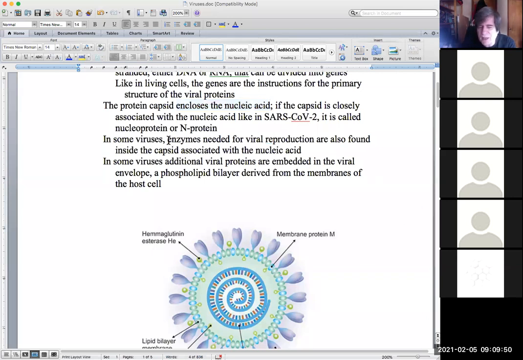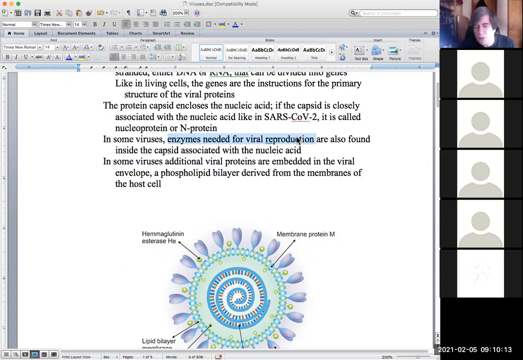Some viruses have some enzymes that they need to reproduce. If they've got some enzymes, they're typically found inside the capsid, very close to the DNA or RNA, to the nucleic acid. Now, remember earlier I said, why do viruses need to infect a living cell? Because they're going to steal enzymes from the cell.